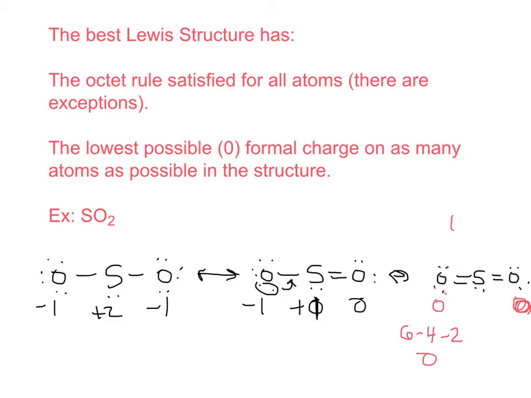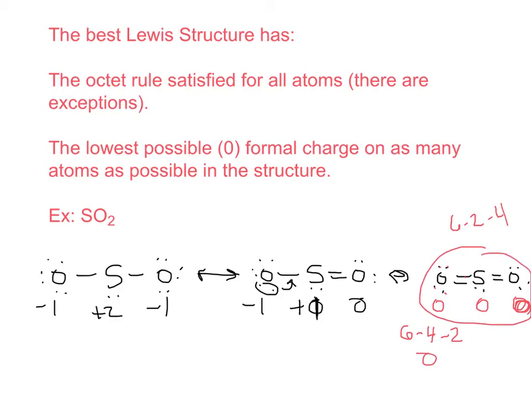Sulfur had 6 valence electrons as well, minus 2 unbonded, and it's got 4 total bonds, 1, 2, 3, 4. So that's 8 electrons. Half of 8 is 4. 6 minus 2 minus 4. That's 0.